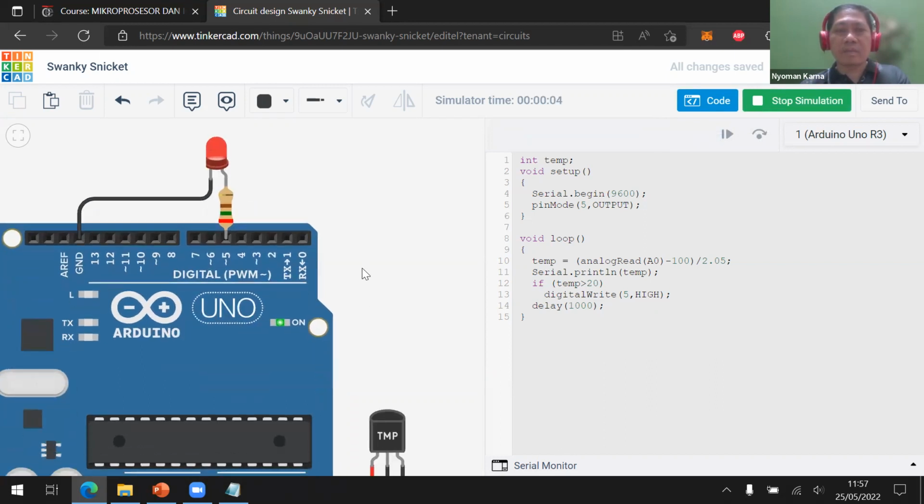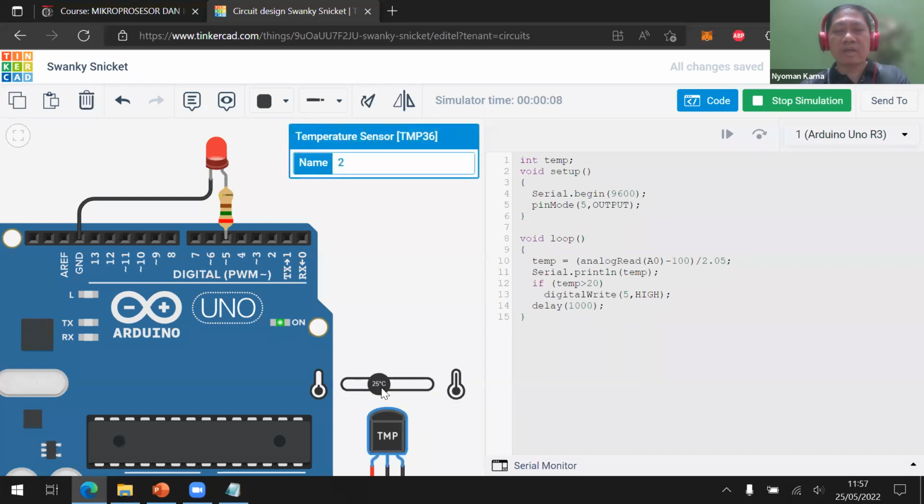Why? Because the temperature for initiation is 25 degrees Celsius. Now let's try to move the temperature to become cold. How come it's still on? That's because we already sent pin 5 with high voltage, and that value will remain the same.